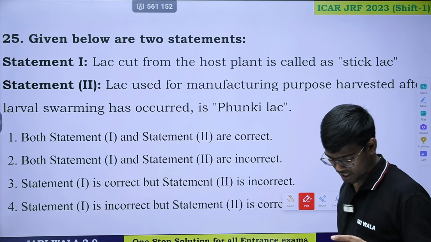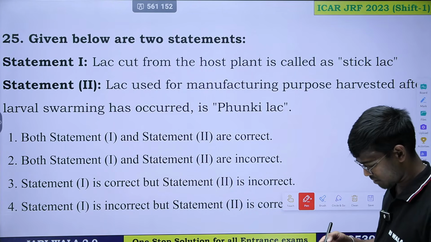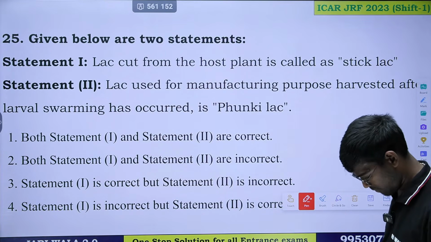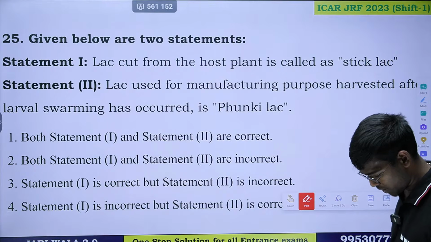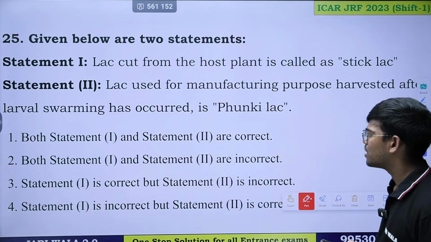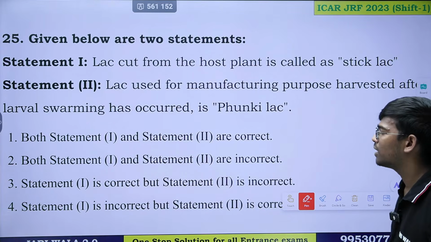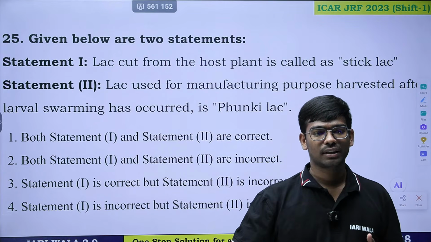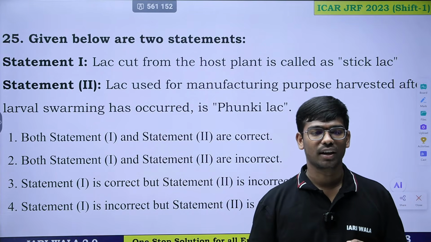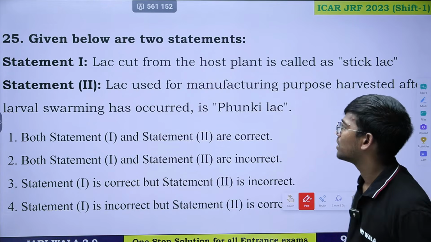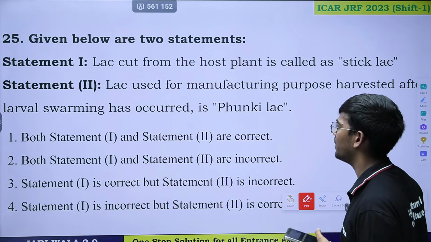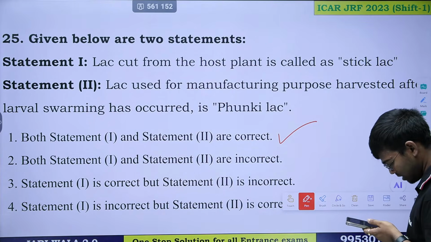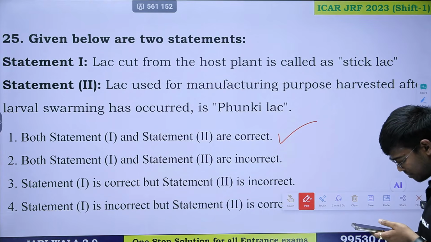Yes, Anchal Gupta, A. Only Anchal Gupta responded, it's A. So stick lac or punki lac, both are the same. After the nymph emergence, the leftover is called punki lac. That is the base we will use for everything. So statement 1 and statement 2 are correct. Yes, now many students responded. Nisha and Sam also kept A, Chaya A.